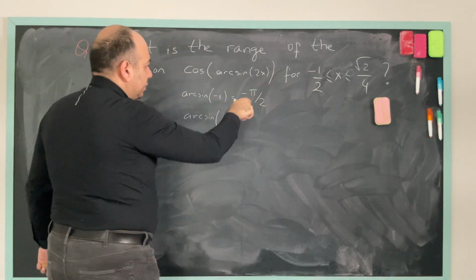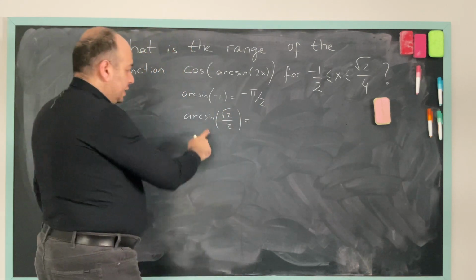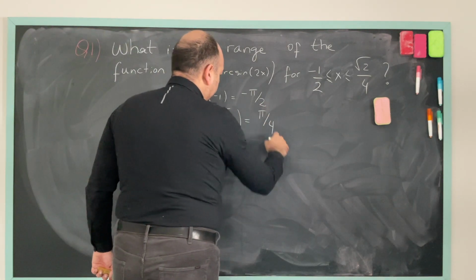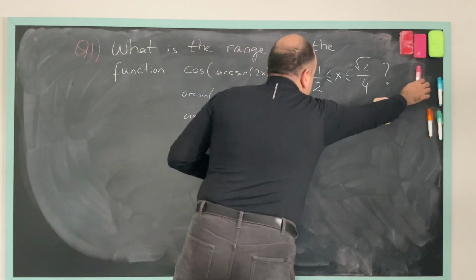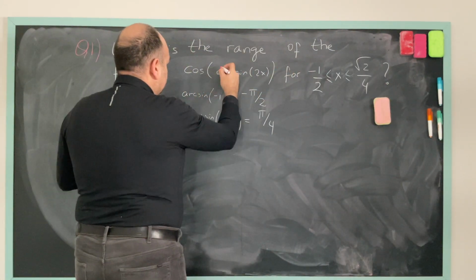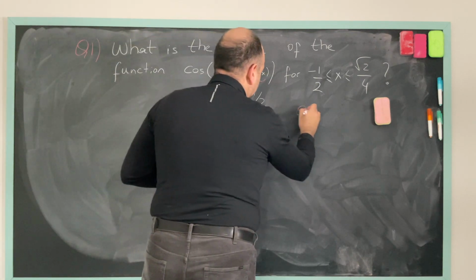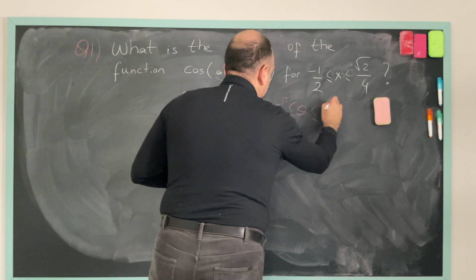This is the upper bound, so it becomes square root 2 over 2. But this is nothing but the angle pi over 4, right? So if I call the whole thing theta, theta ranges from minus pi over 2 to pi over 4.